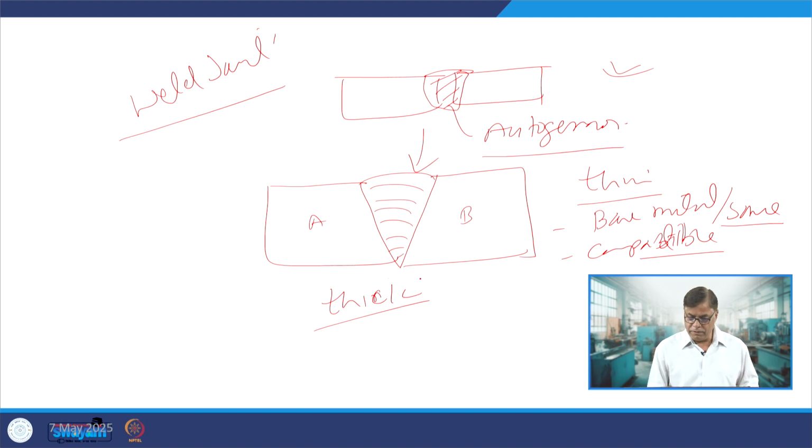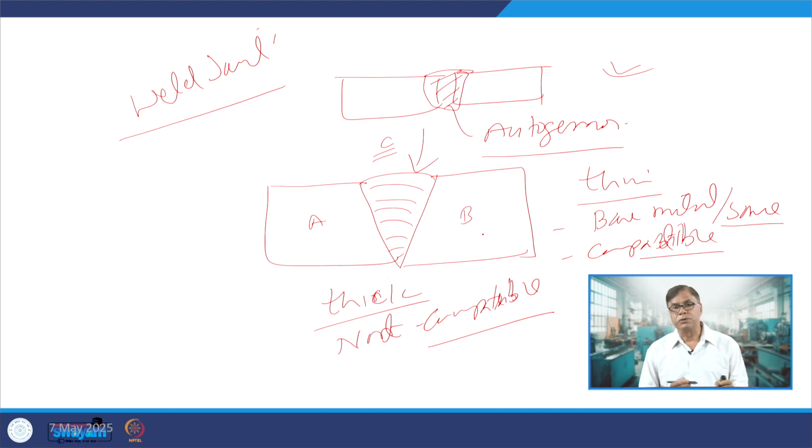Or if A and B are not compatible with each other, then also we need to bring in a third material in between A and B, so that reasonably good weld joints can be made.